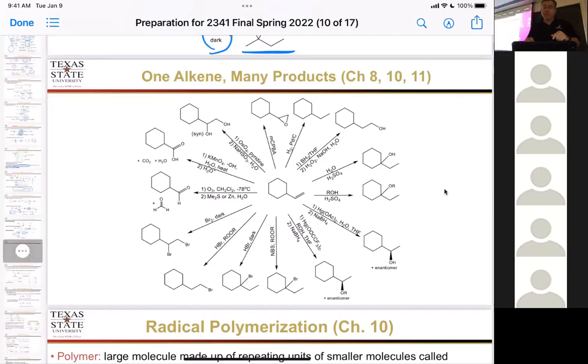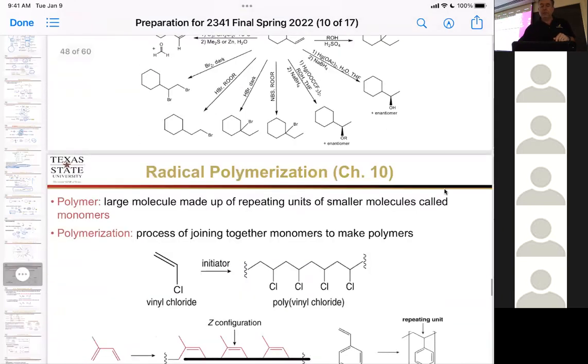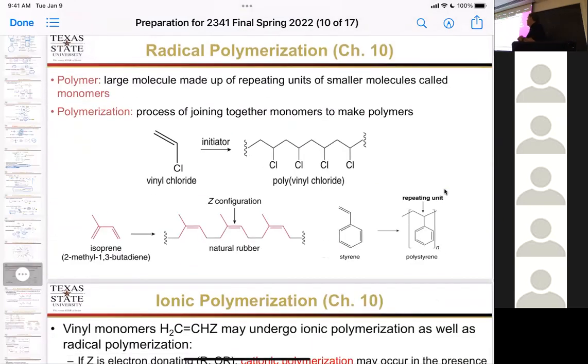So I'm going to go back up to chapter 10, continue our review on chapter 10, and remind you that the radical polymerization is just those same 3 things happening over and over and over again: initiation, propagation, and termination, where propagation is always head to tail.